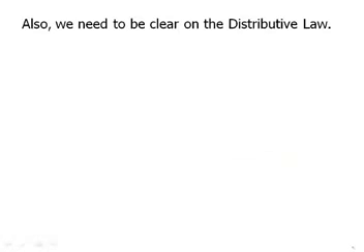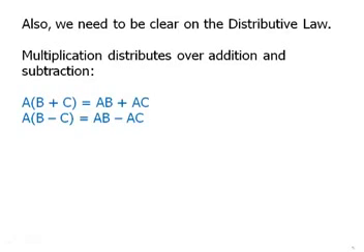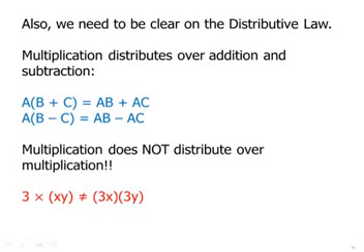Also, we need to be clear on the distributive law. Multiplication distributes over addition and subtraction. So if we multiply A times the quantity B plus C, we multiply each individual term. If we multiply A times the quantity B minus C, we multiply each individual term. Multiplication distributes over addition and subtraction. Multiplication does not distribute over multiplication.